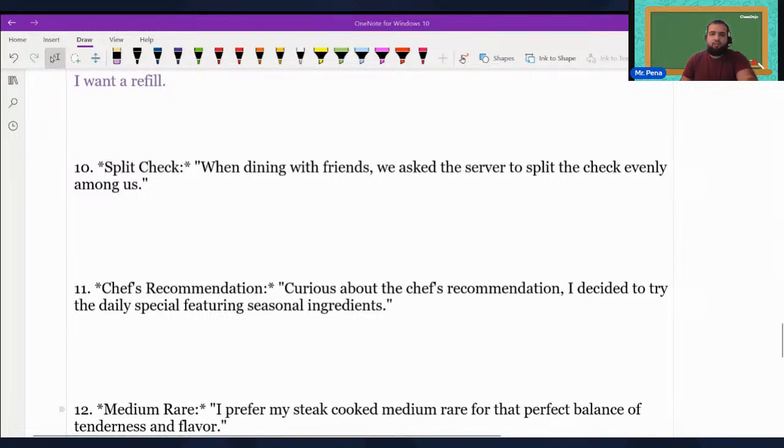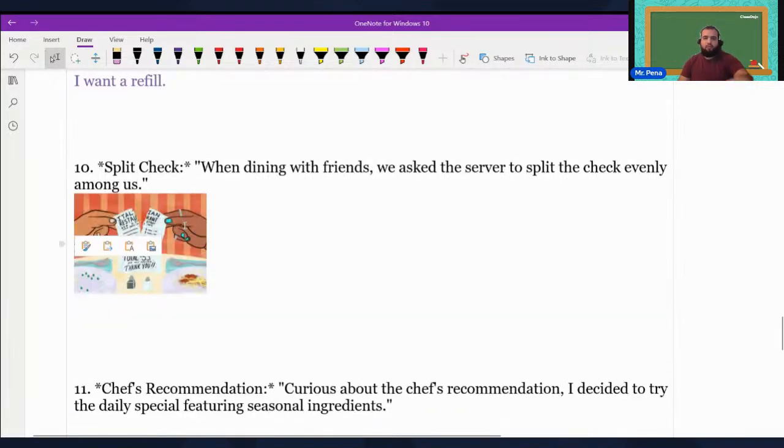Split check. It says, when dining with friends, we asked the server to split the check evenly among us.